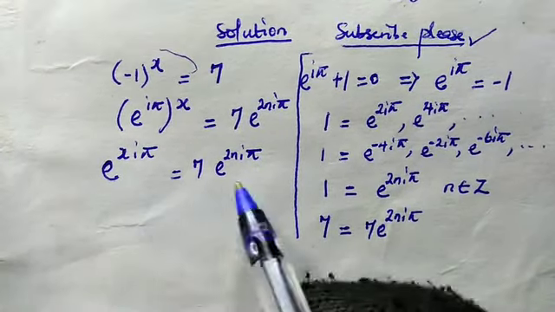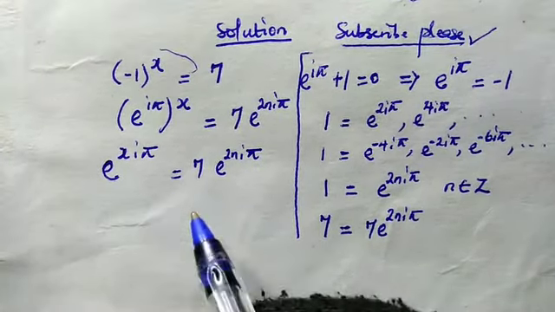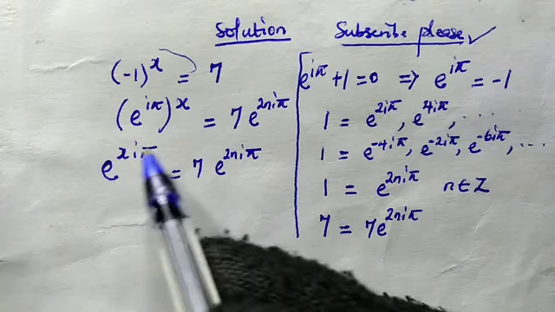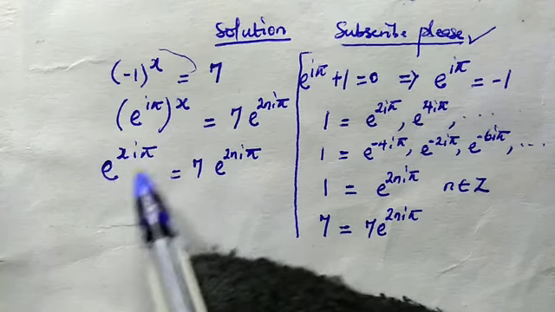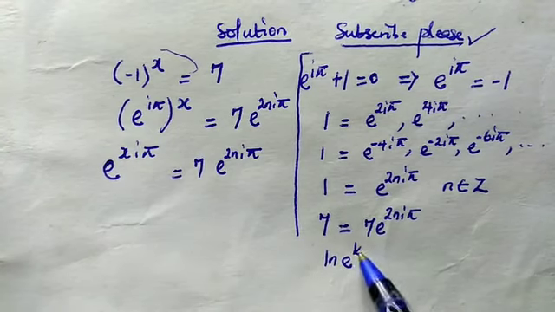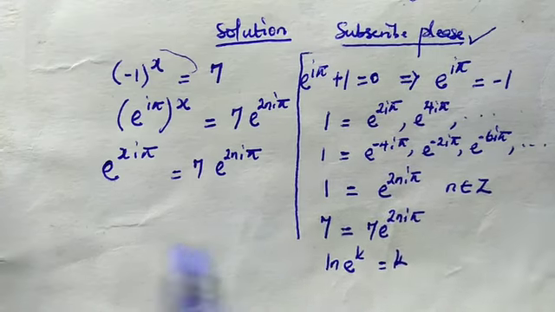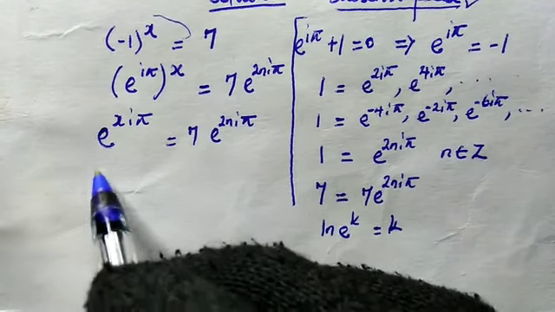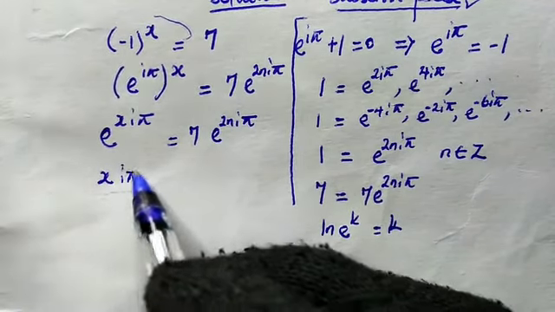Now from here, we're going to take the natural log of both sides. Now, the natural log of e to the power of something simplifies exactly to that something, right? That is, the natural log of e to the power of k is exactly equal to k. So if you take the natural log from the left, we have x times i pi.